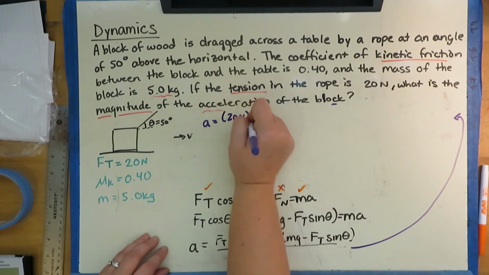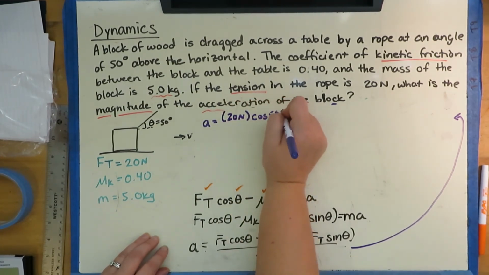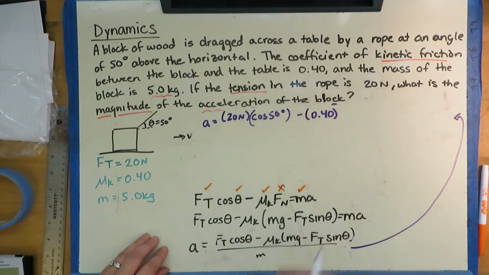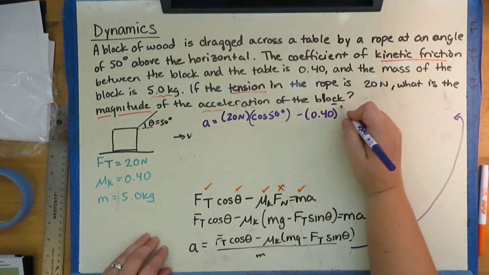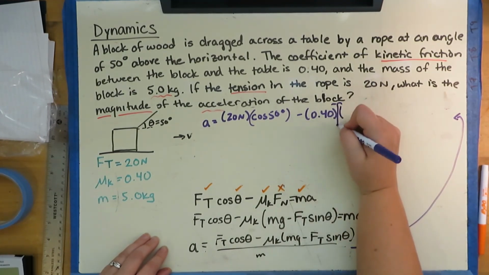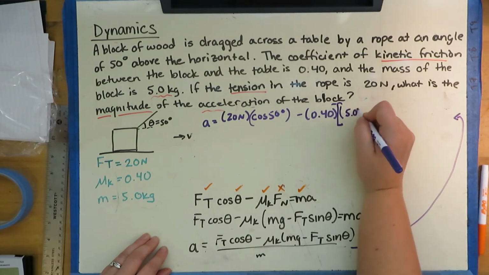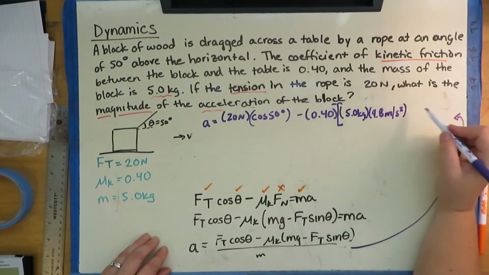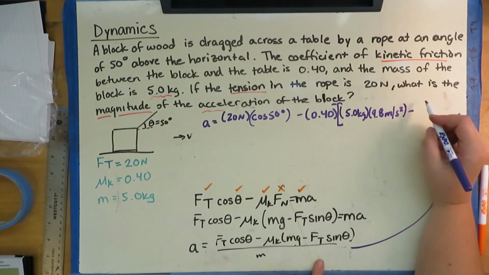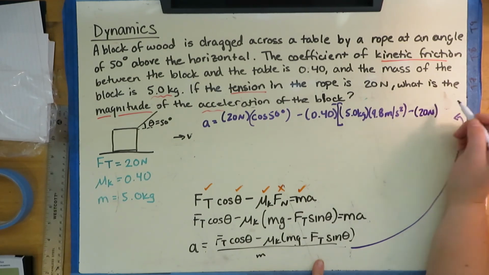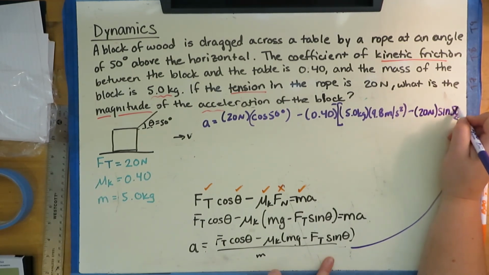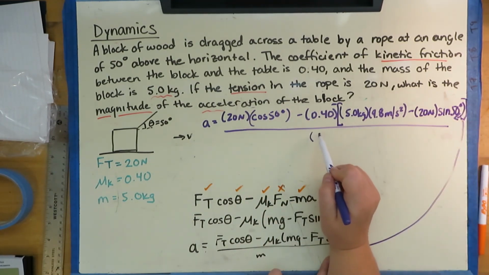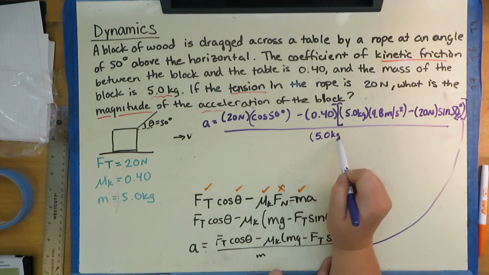So that's 20 newtons times cosine of 50 degrees, minus my coefficient, which doesn't have units because it's dimensionless, times my mass, 5.0 kilograms, times 9.8 meters per second squared, minus my tension force, 20 newtons, this time times sine of 50 degrees, and that is all over 5.0 kilograms.